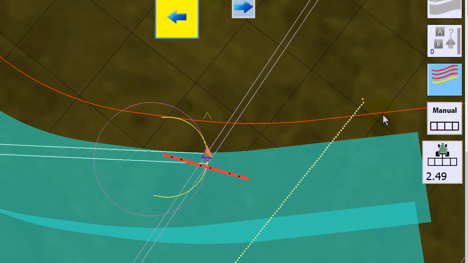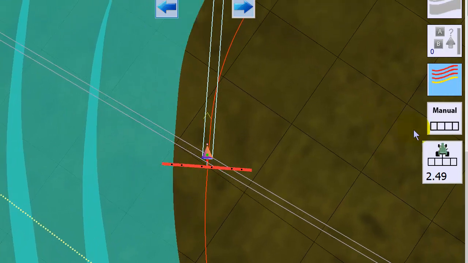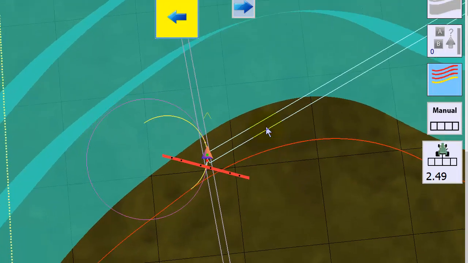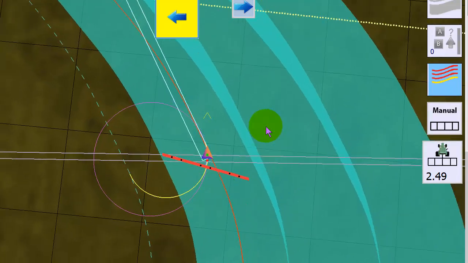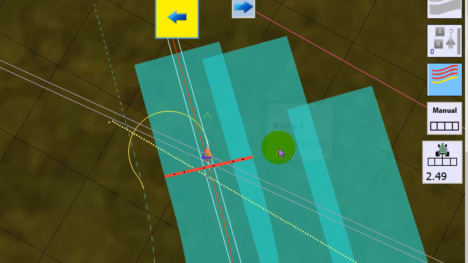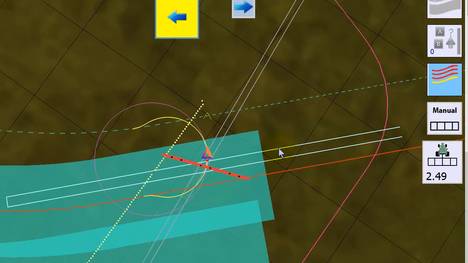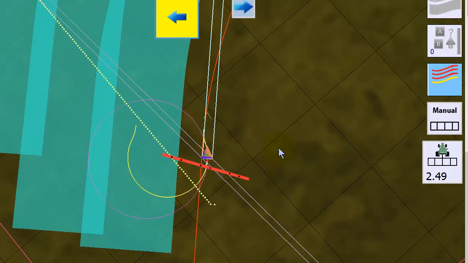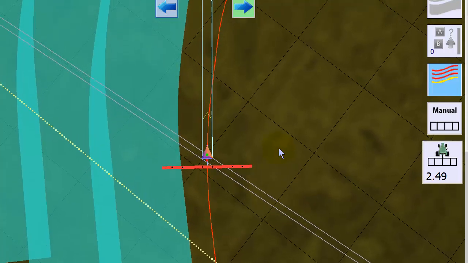It works not too bad. So that works pretty good, even though there's a lot of overlap.